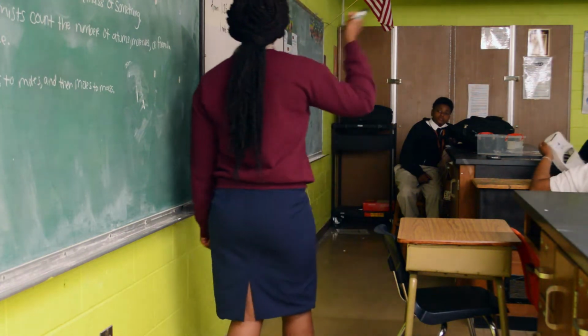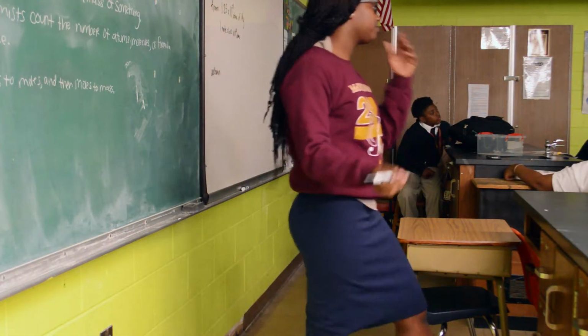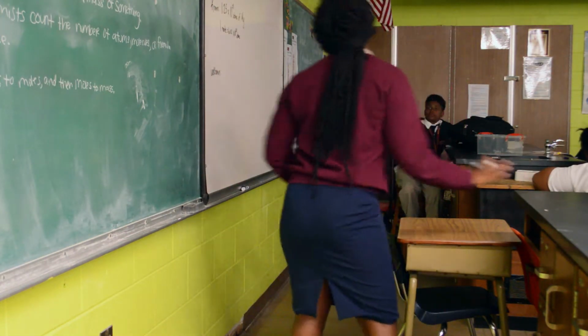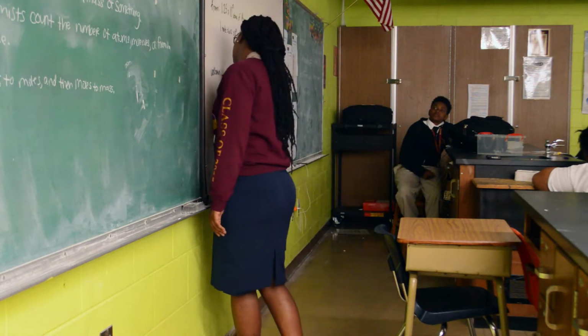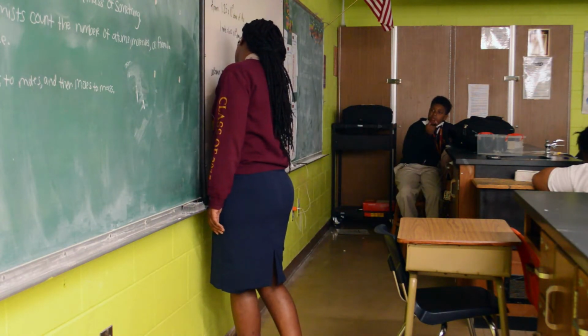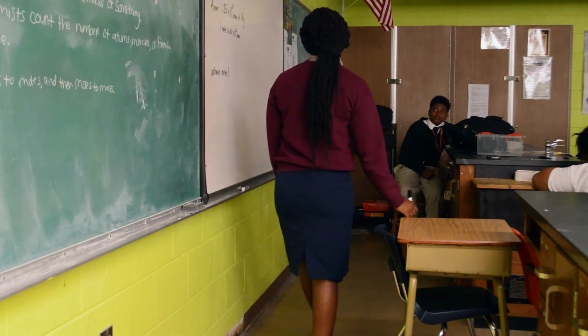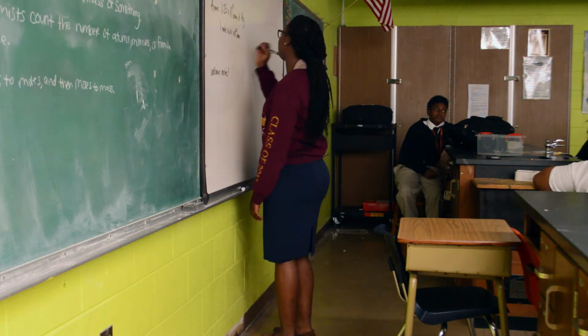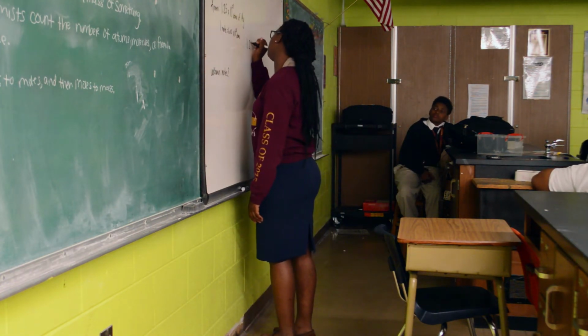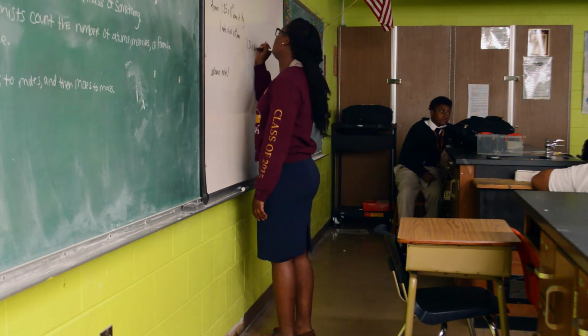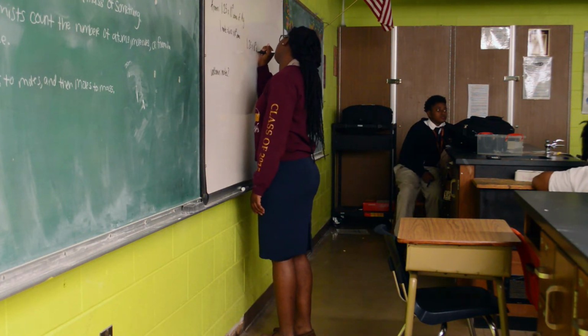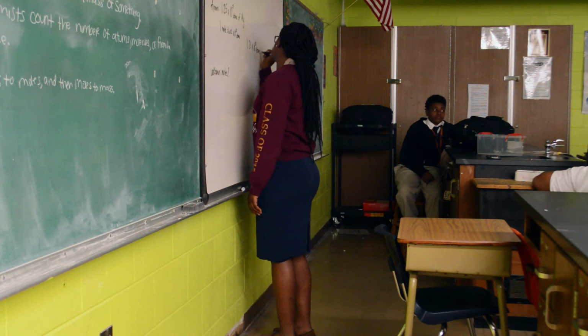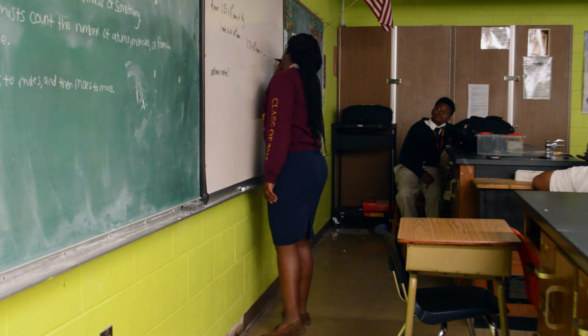According to that problem, what is my unknown? How many moles. So my unknown is the amount of moles. The first thing I'm going to start with is the first thing that I am given: 1.25 times 10 to the 23rd atoms. My multiplication sign, my line.